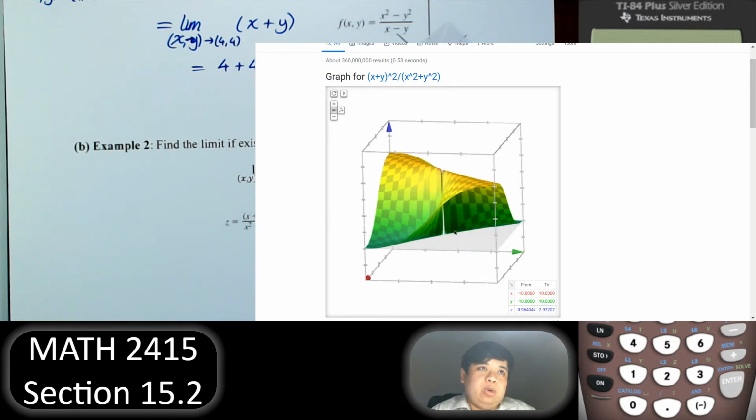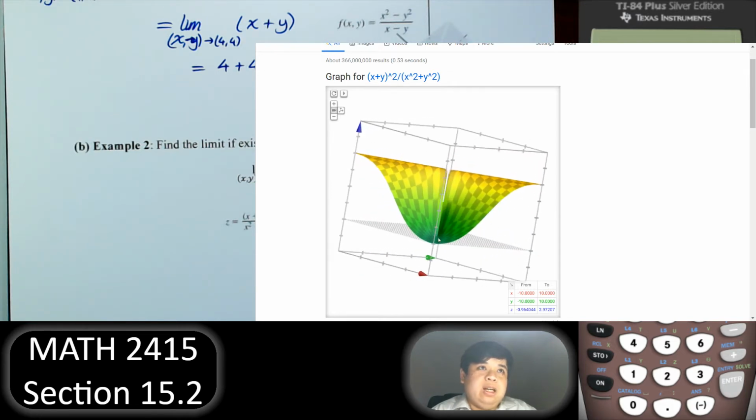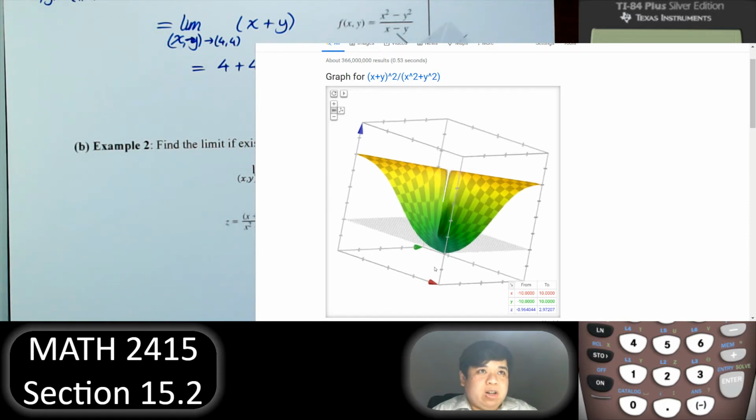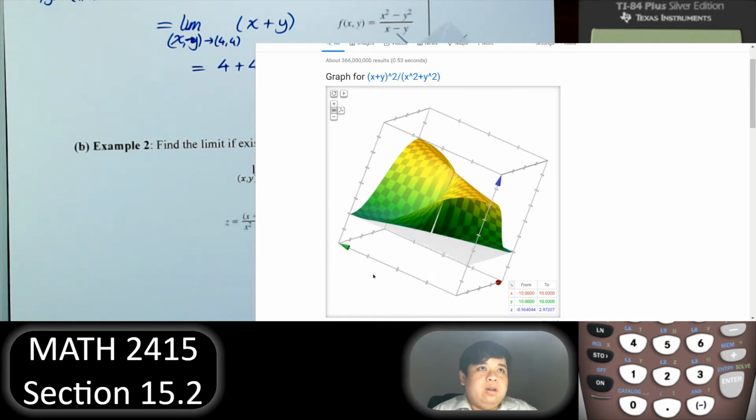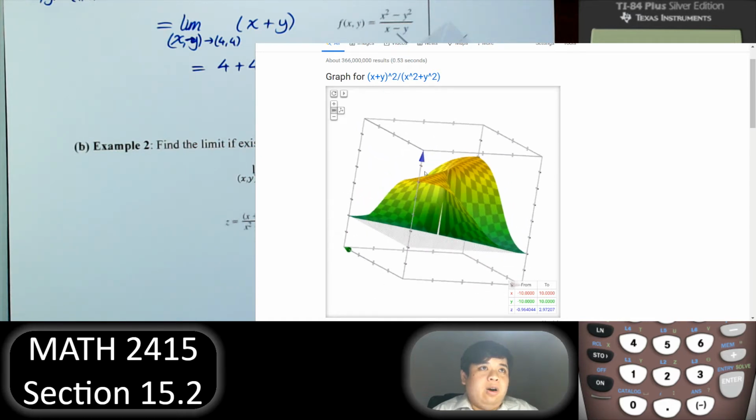Let me rotate, you see. If I go in this direction, the limit is different. But if I go along this direction, the limit is different. And what is this direction? As you see, this one is in the middle of the x and the y axis, meaning y equal to x. Right. So when we see this, the limit does not exist.